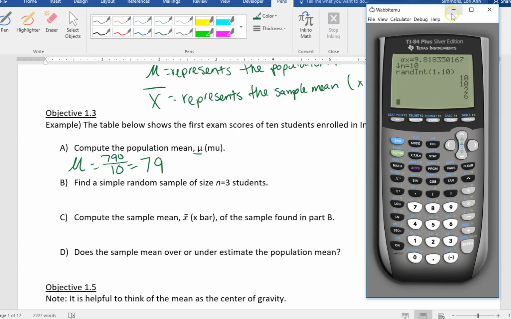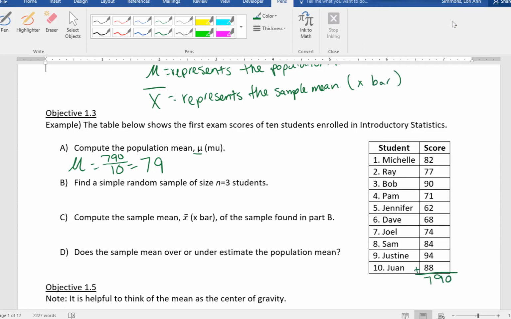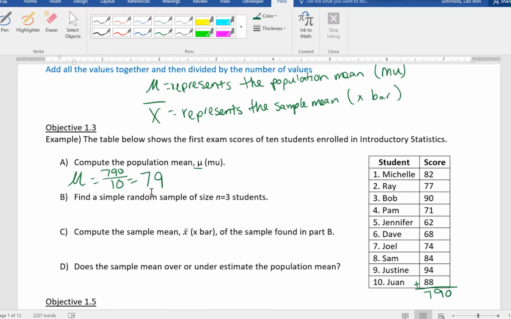We don't want to repeat, obviously. So our simple random sample is 10, 2, and 6. Compute the sample mean of those 3. Let's just do this by hand.